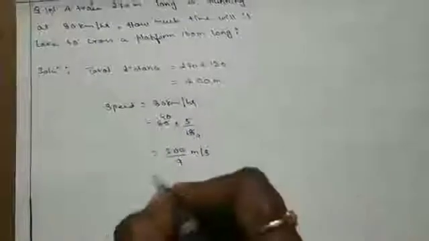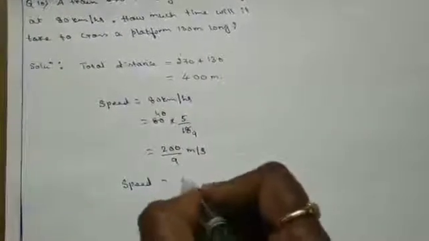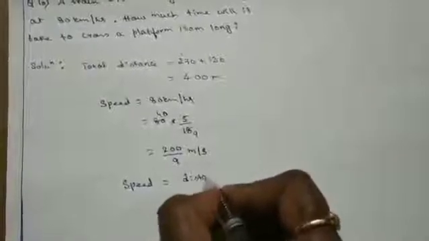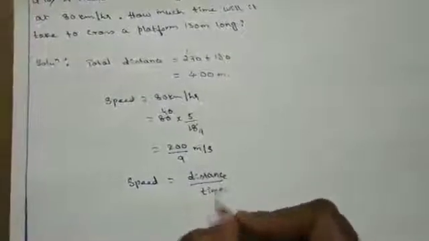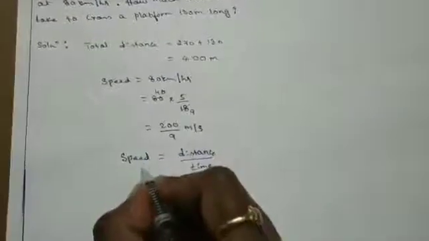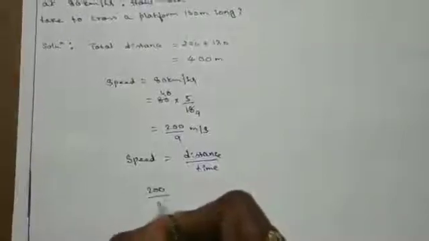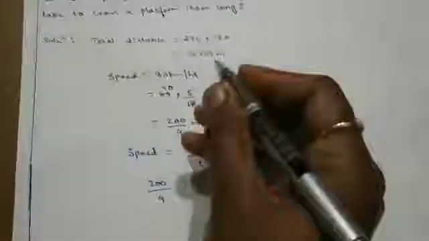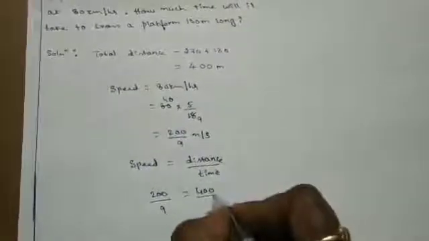Then apply speed formula. Speed is equal to distance by time. Then speed, what is the speed value? 200 by 9 is equal to distance. Distance you have to take total distance children. 400 divided by time.